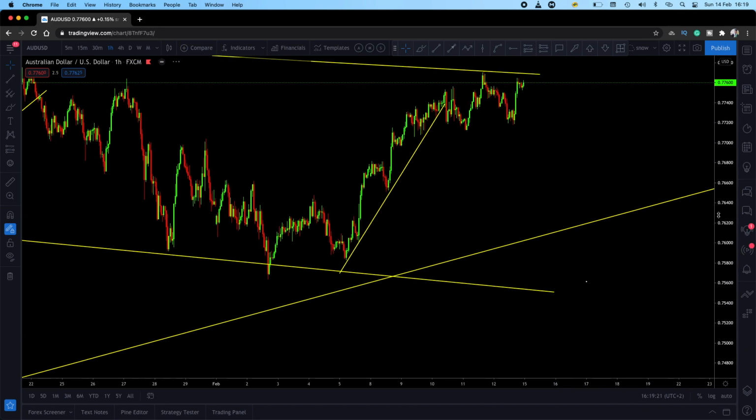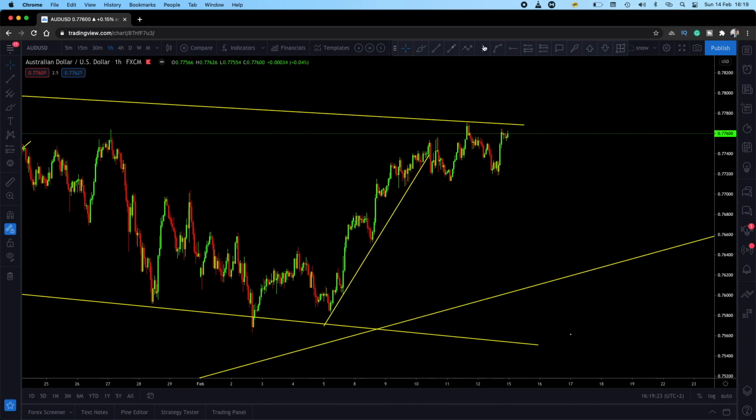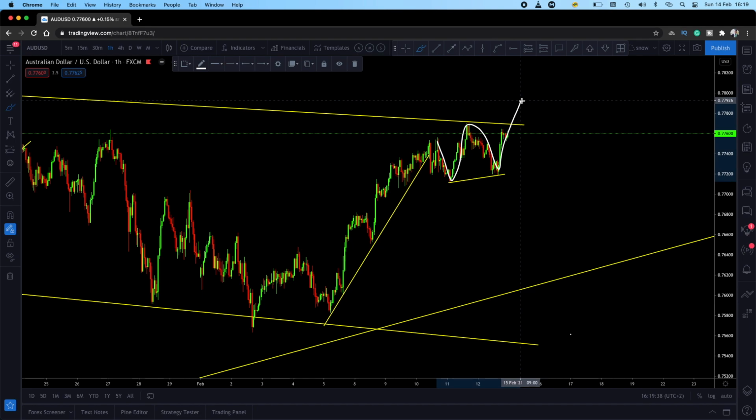If I'm focusing on this pattern, it looks like, if I put my trend line like this, it could easily go up, but I'm not quite sure.